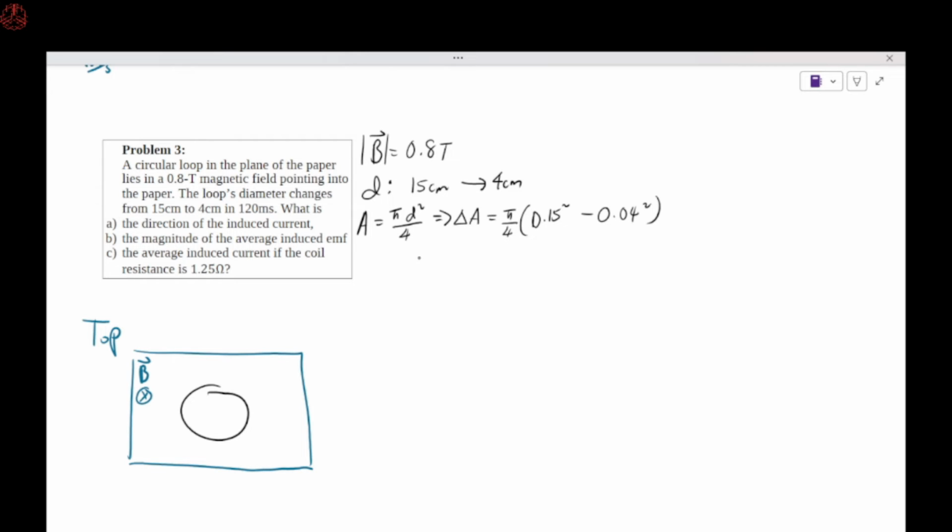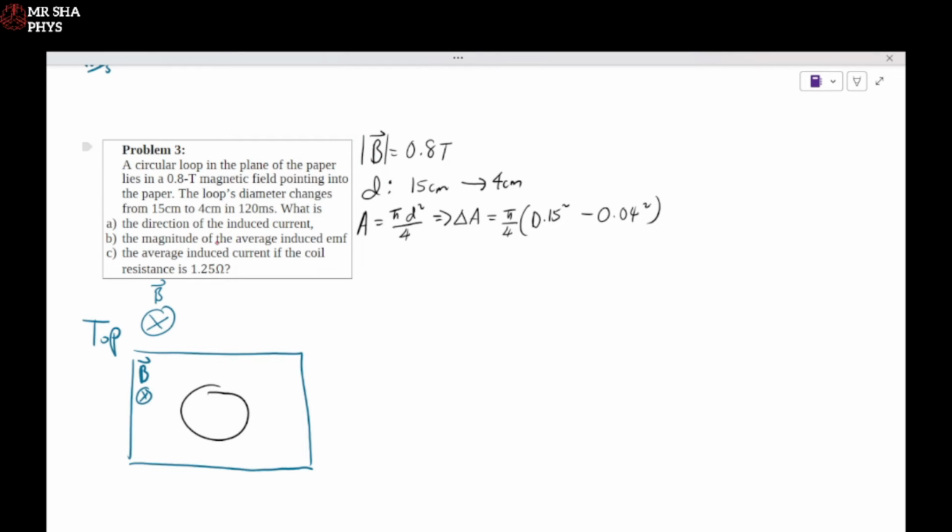So the original direction of B is going into the page, and then when it shrinks, there's less magnetic flux, right?